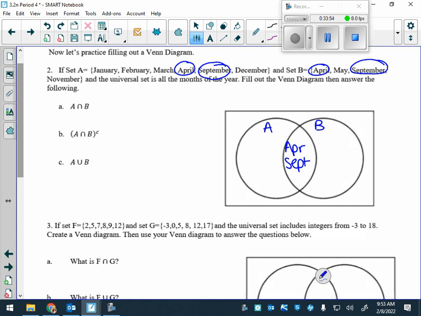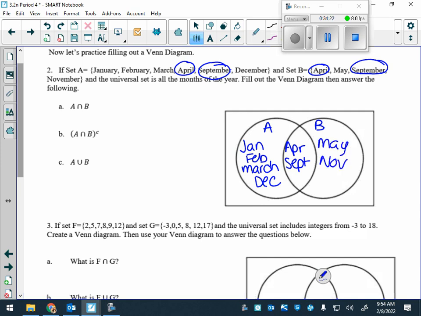Christian. Good. January, February, March, December. Okay. Which months are only in set B? Tell me, what do you think? Good. Excellent.